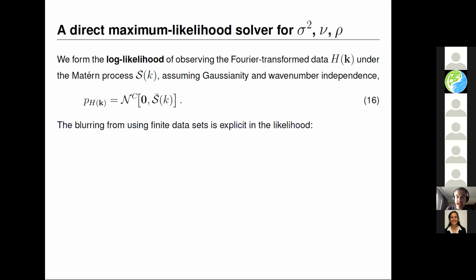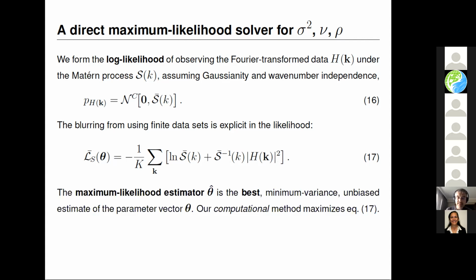And equation 17 here is really the key to everything that's happening. I'll return to it and you might recognize it, but I just want to make sure you know this is the most important thing: the likelihood that we form, L bar of the spectral S here in the parameters theta, is a wave number average of the log of the blurred spectral density, and then the ratio of the periodogram of the data divided by the blurred spectral density, which I'm going to make explicit is really the expected periodogram of the data.